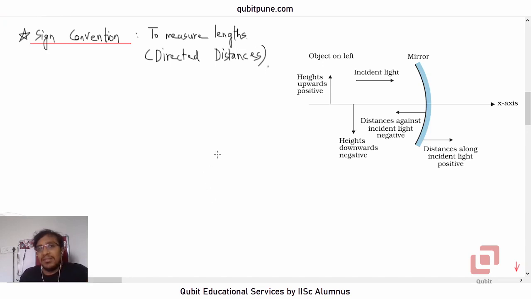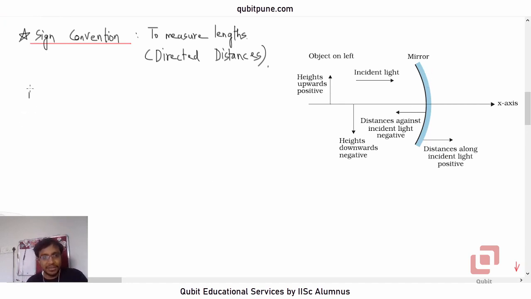And directed distances, we know in coordinate geometry, we use them as coordinates. Directed distances can be 0, positive, or negative. So the convention that we develop here for a mirror will also be used in analysis of lenses. Okay, so what are the conventions?